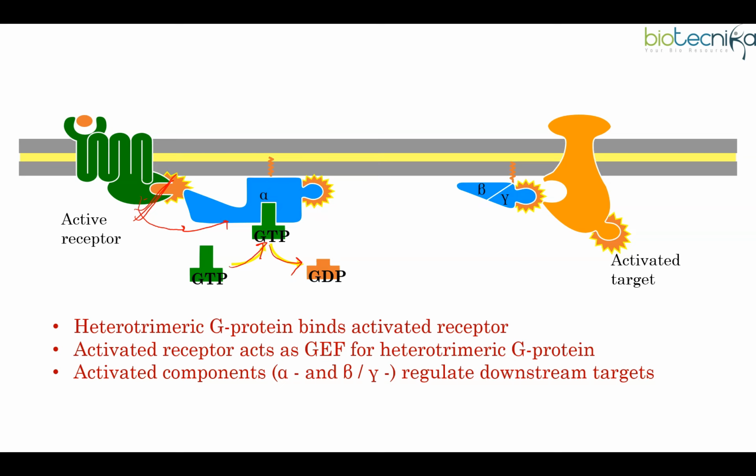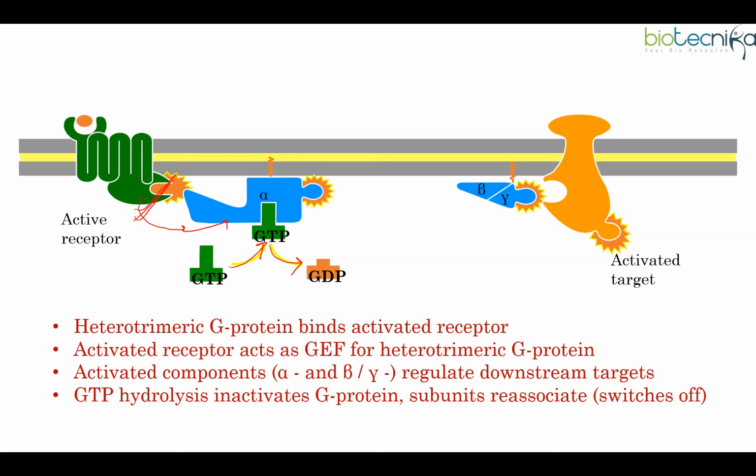Activated components will regulate the downstream targets as I mentioned. And GTP hydrolysis inactivates the G protein, subunits will reassociate, and that is when the signaling process will switch off. Since it's a signaling process, there will be a switching on process and a switching off process also. You should be aware of both.